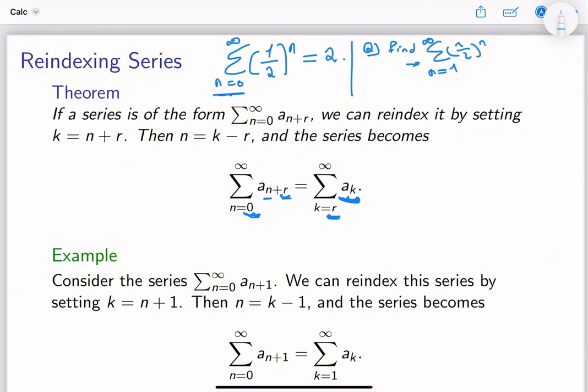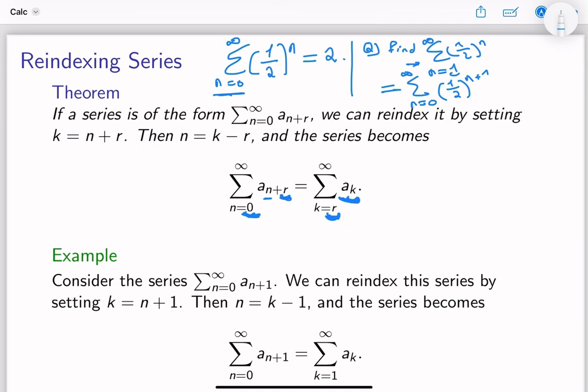Let me give you the example and then I'm going to justify what's happening. We want to start from 0 to infinity, and this is 1 over 2 to the n. It's going to keep the same index. However, since we had 1 here, we're going to add 1 here. To re-index this, to start from 0, we have to add r to the indexing.